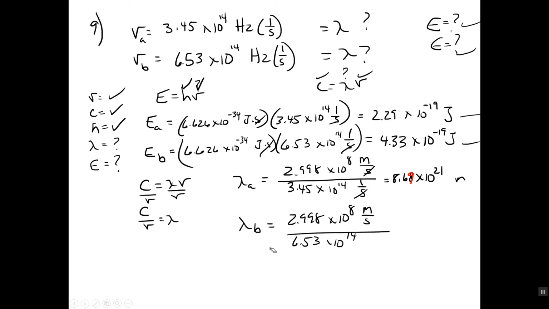I don't know why it does that. It's a glitch. That's fairly new in the program, because it never used to do that. Must have come with one of the updates. So when we divide this, we get 4.59 times 10 to the negative 7th meters here.